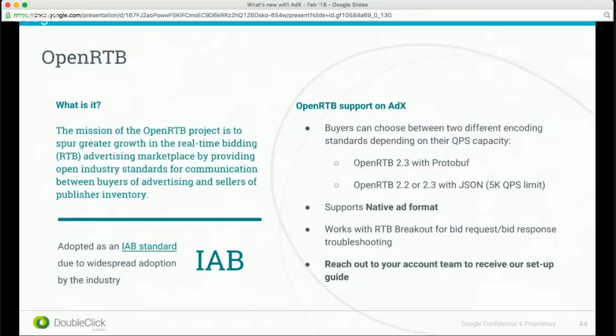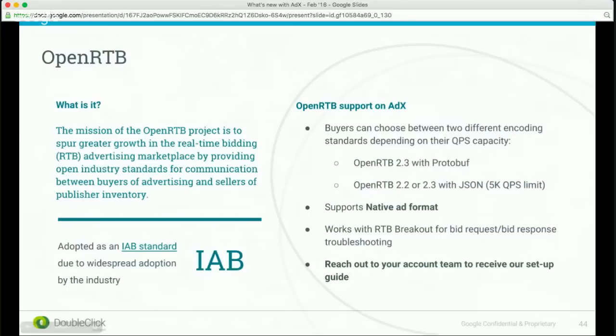One other thing to note is that because of some of the differences between the OpenRTB protocol and the AdX protocol, not everything that you get today in the AdX protocol is available in OpenRTB. In general, our protocol contains a lot more data than most of the other protocols out there, including OpenRTB.